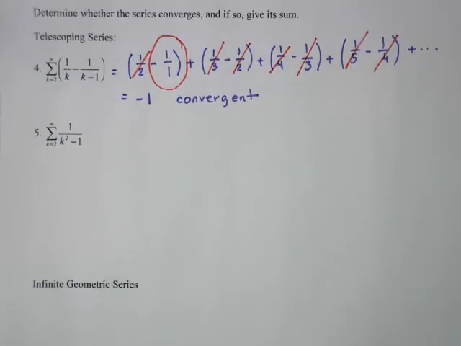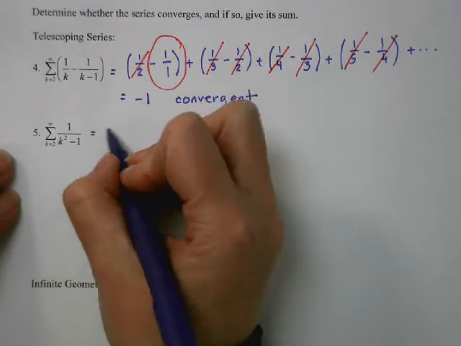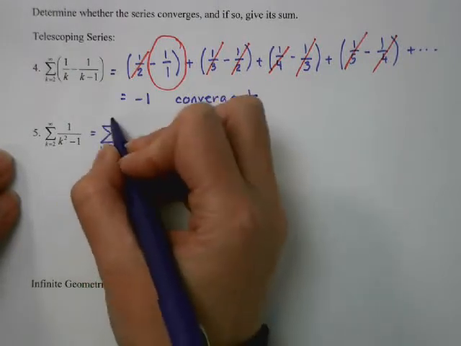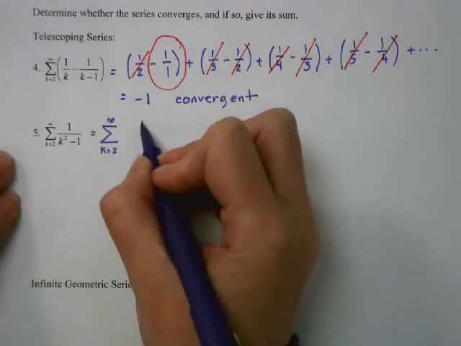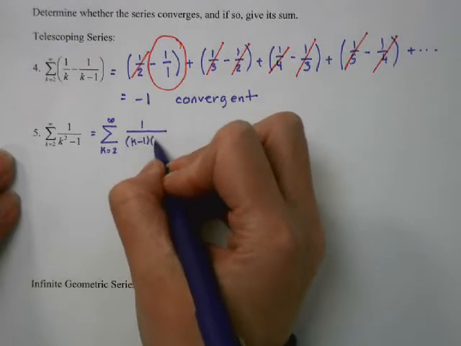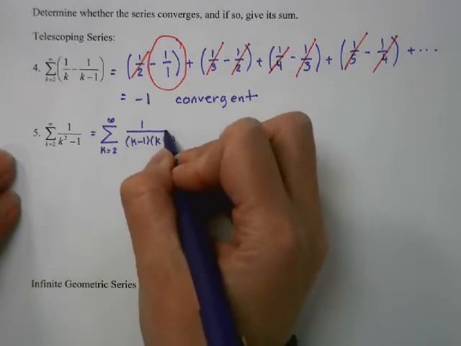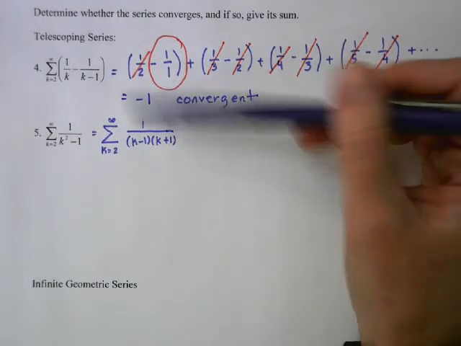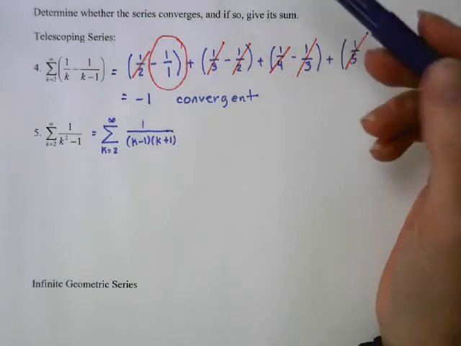Okay, our next one here. Can make this k minus 1 and k plus 1. And then we can use partial fractions to separate them out into something that looks like this one.